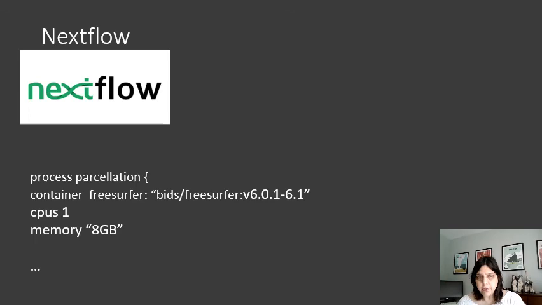Here I've got that the parcellation is going to use a FreeSurfer container. This could be just a part of FreeSurfer. It could be all of FreeSurfer. This here is the BIDS FreeSurfer container. You can use Singularity, Docker, and you can specify how many CPUs you need and how much memory you need.